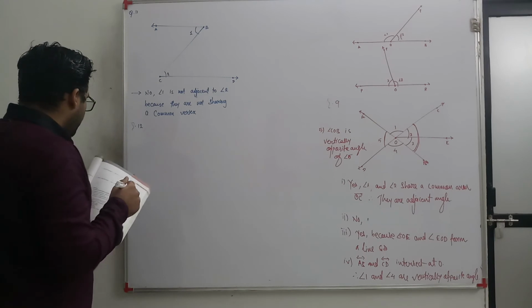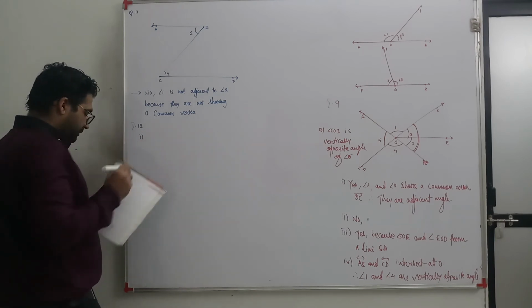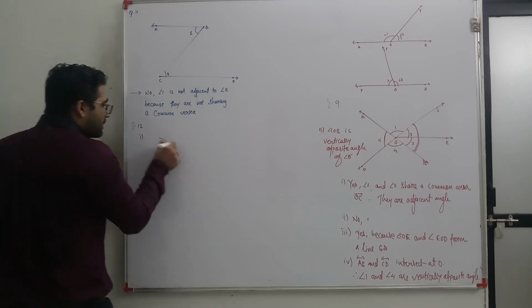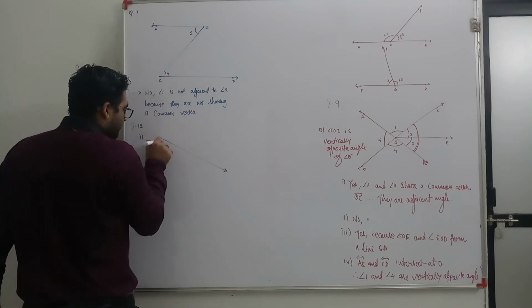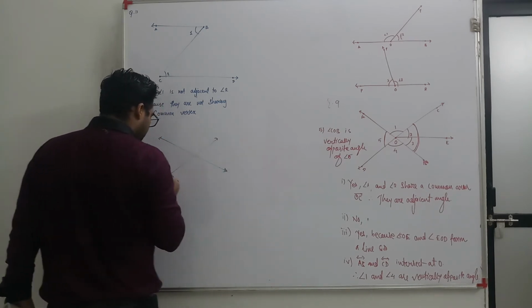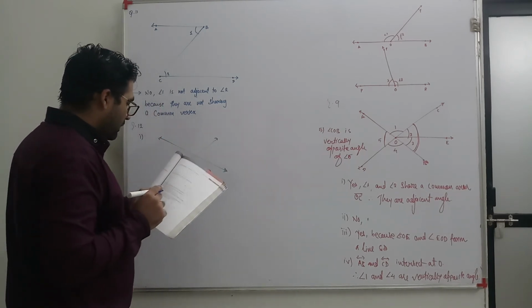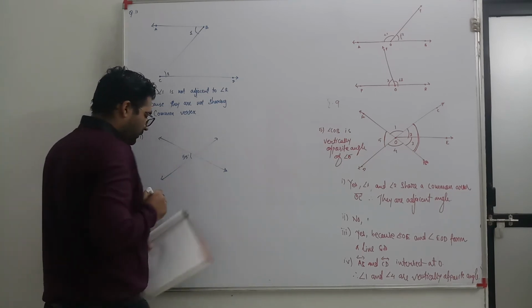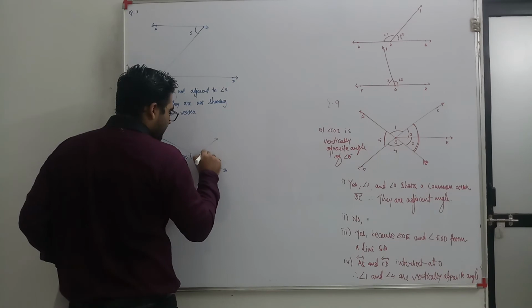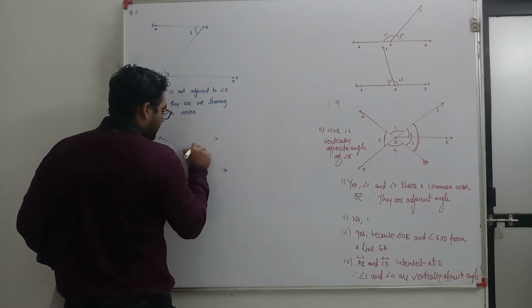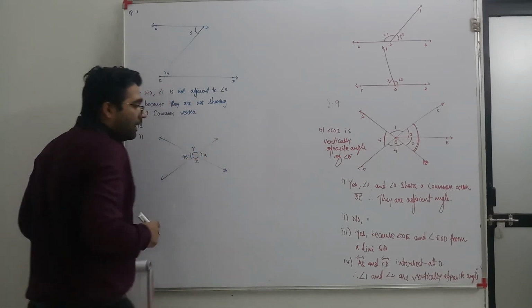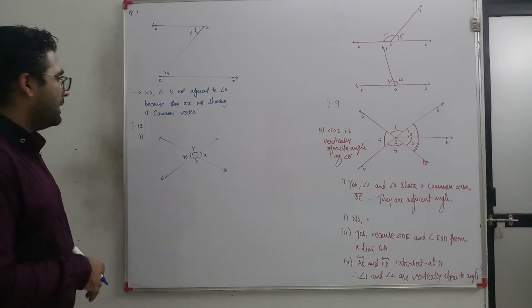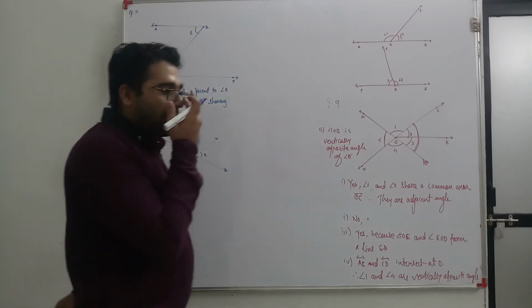In question number 12, first question, there are two lines given like this. One of them is 55 degree, another one is x, next one is y, and this one is z. I need to find all x, y, z. So how can I find these?